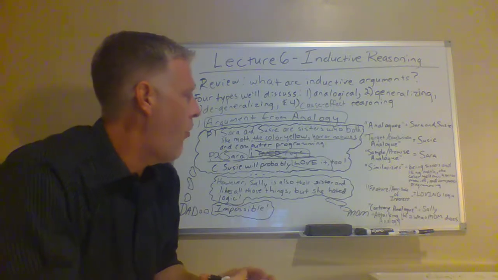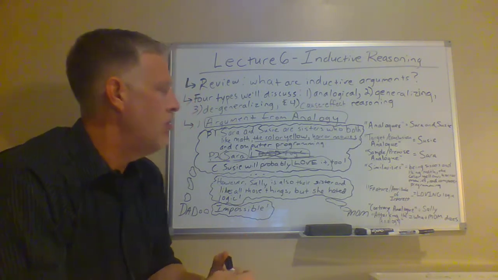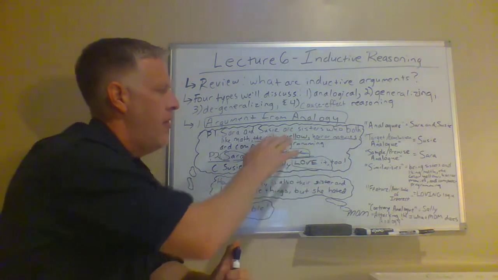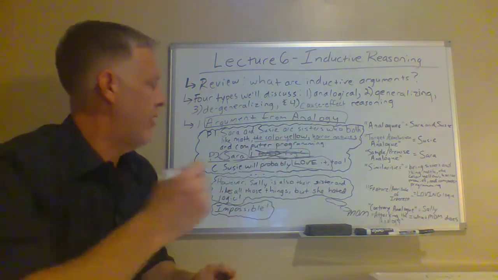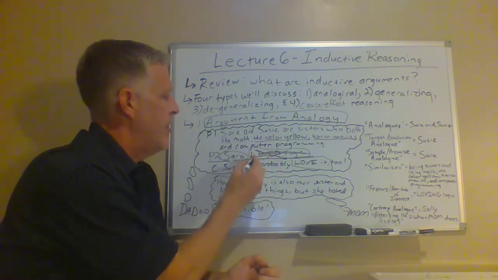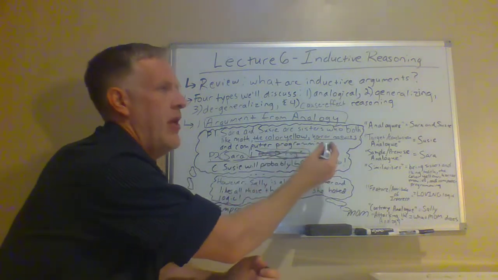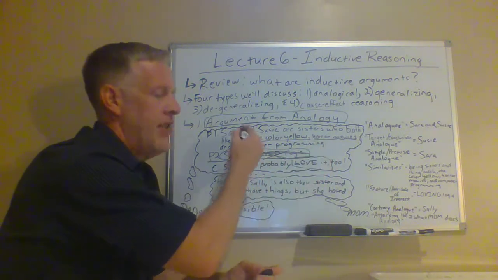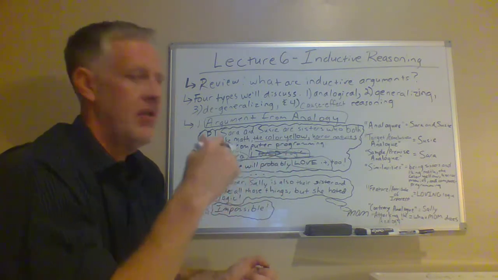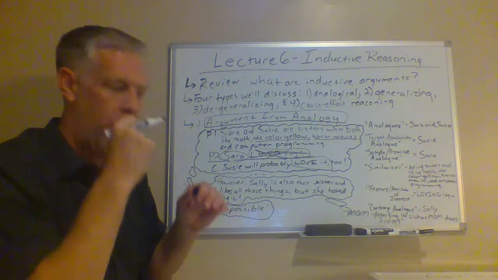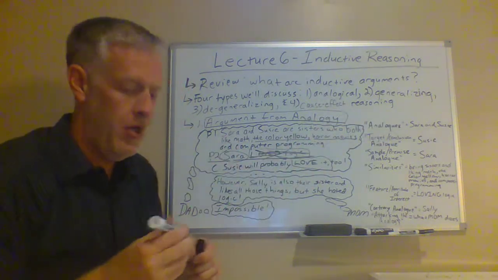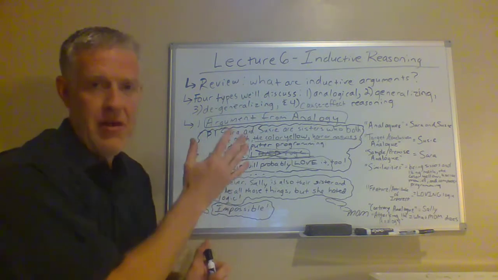Another way to go about attacking the analogy would be to point out, well, sure, you have all the similarities, but what about all their dissimilarities? They have all that in common, but Susie doesn't like science, whereas Sarah does. Sarah likes art, whereas Susie doesn't, and so on and so forth. You point out, well, these two sisters also have all these other things that are not in common, yet you're not pointing that out, Dad.